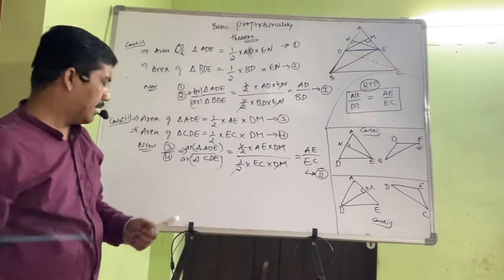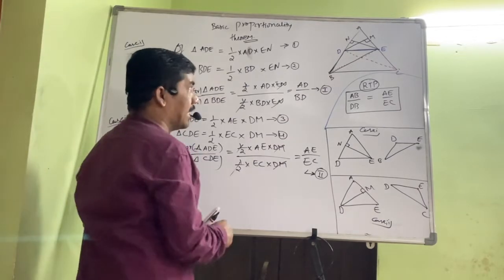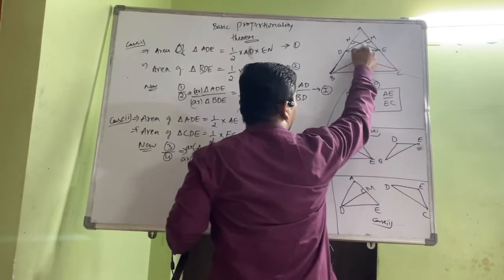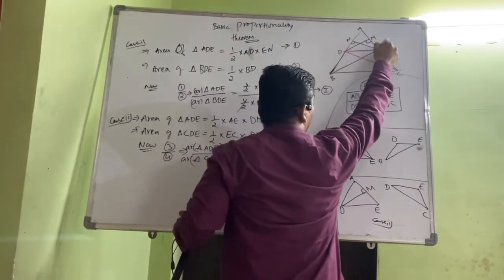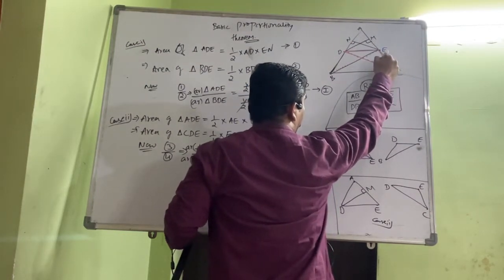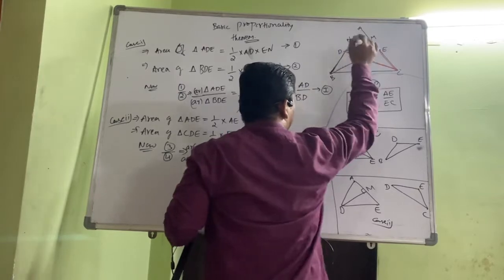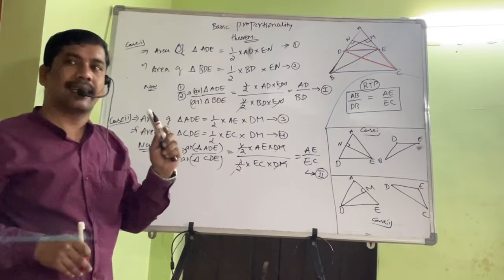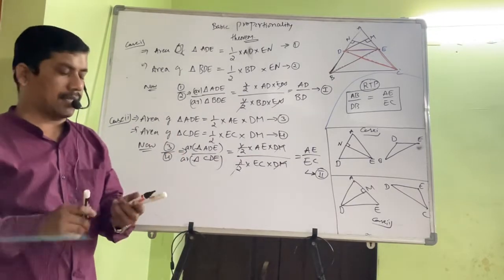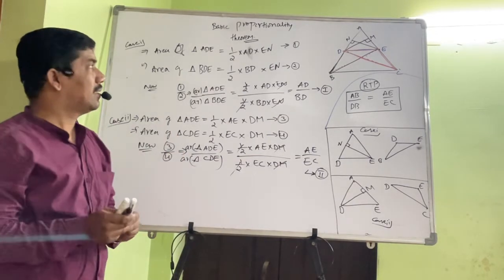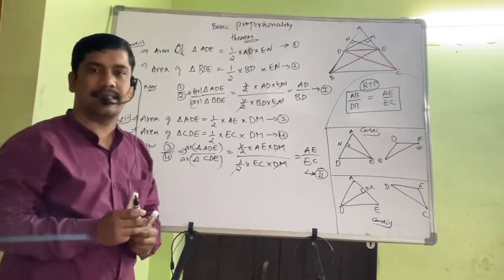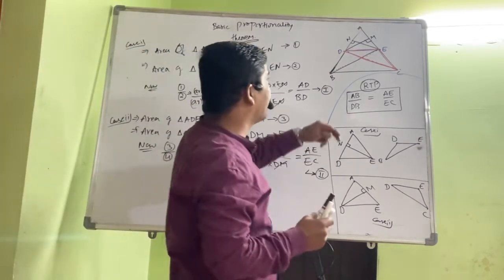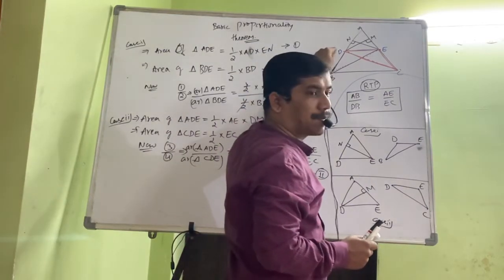And if you look at triangle CDE, this triangle, red color, it is also on the base D. So triangle BDE and triangle CDE are on the same base DE. Right? And both triangles are in between the same parallel lines.